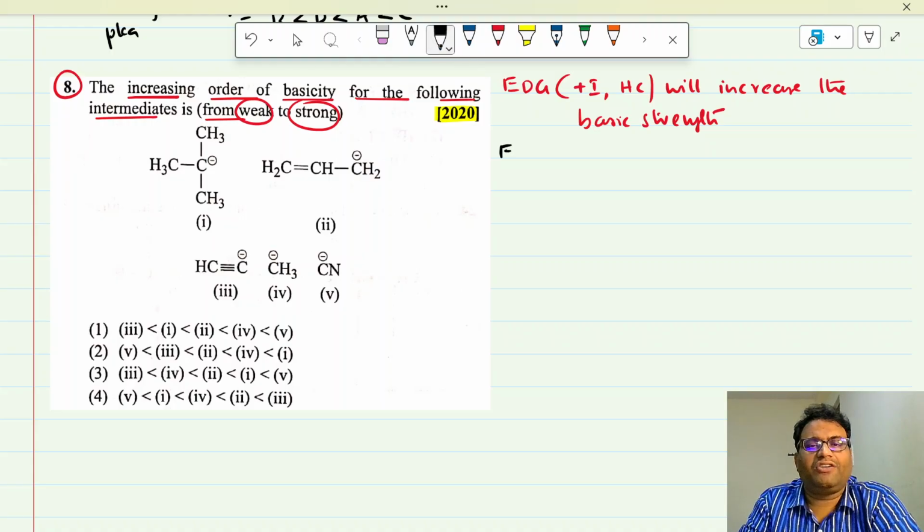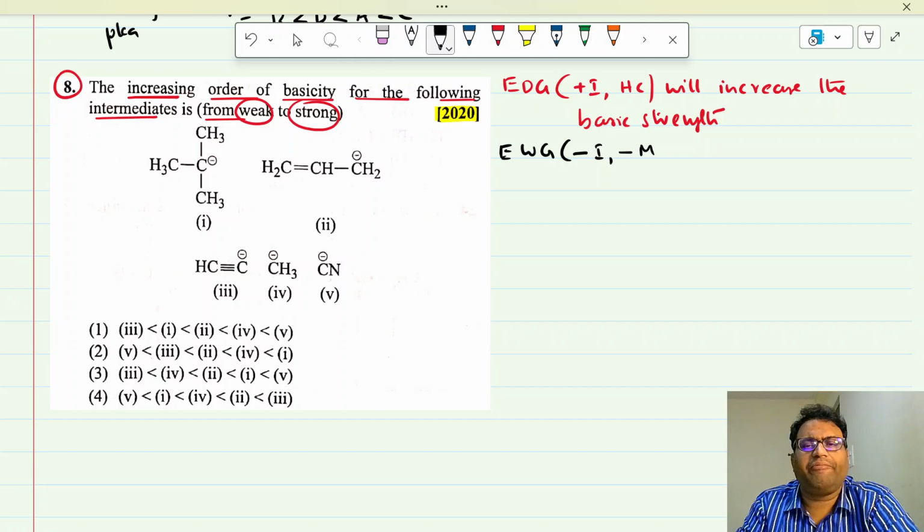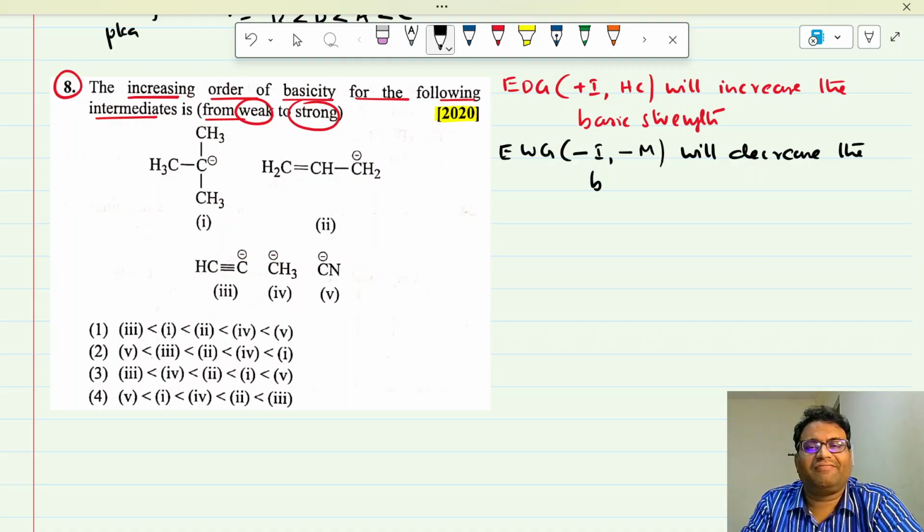Electron withdrawing groups like minus I, minus M will decrease the basic strength, right?